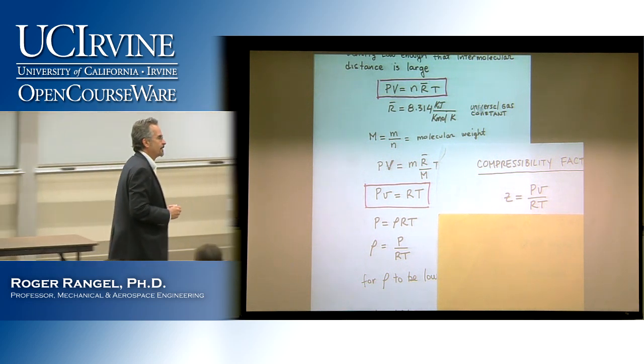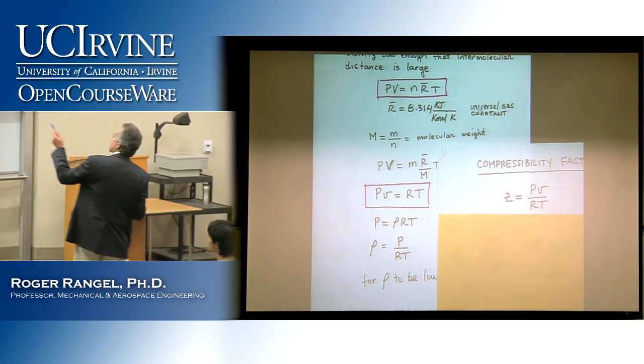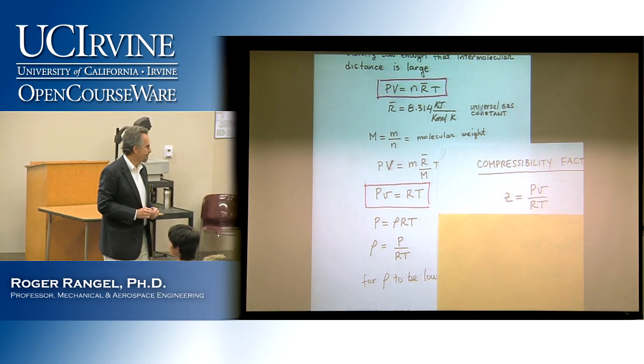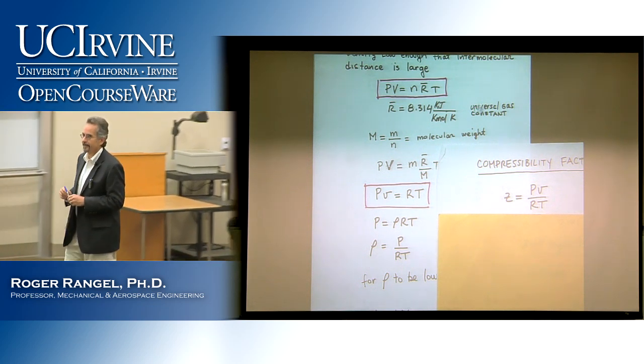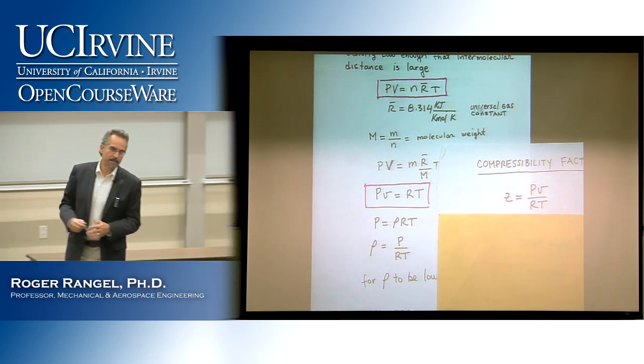Anybody on this side? Compare those two, the one in the red box and the one on the right, and conclude something. Z would be equal to 1 in the case of the ideal gas. That's it. Right? You can immediately see that if you have an ideal gas, Z is 1.